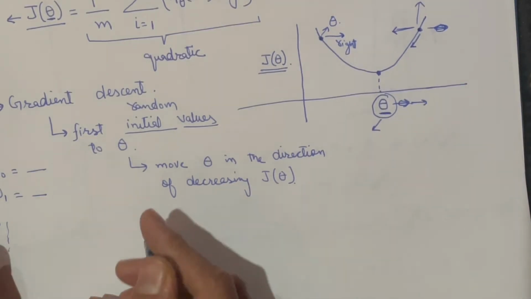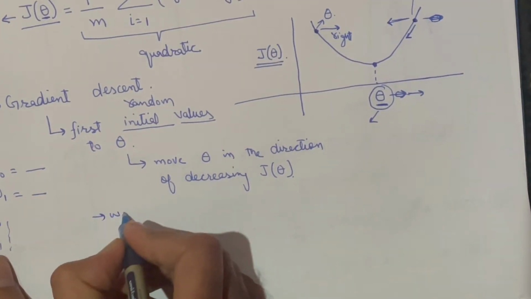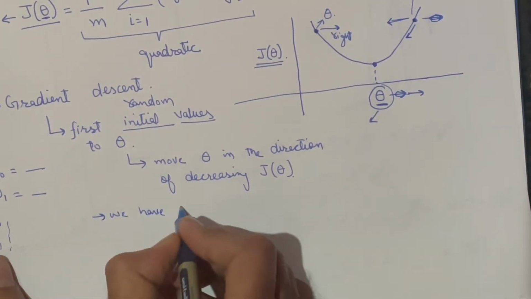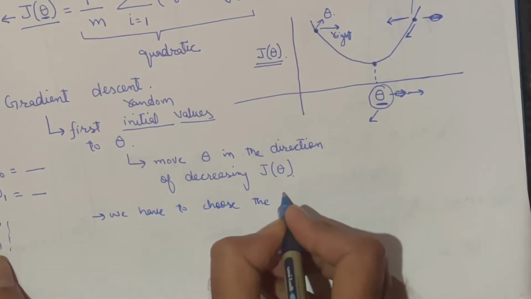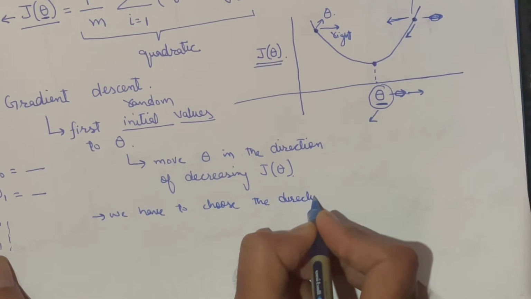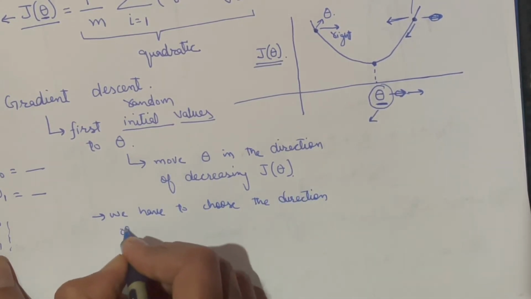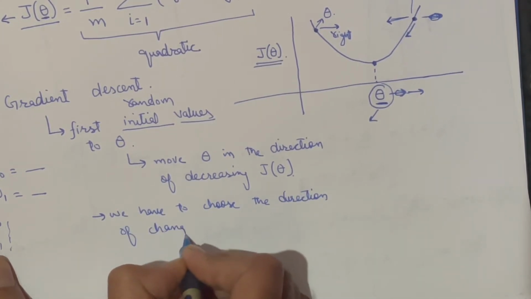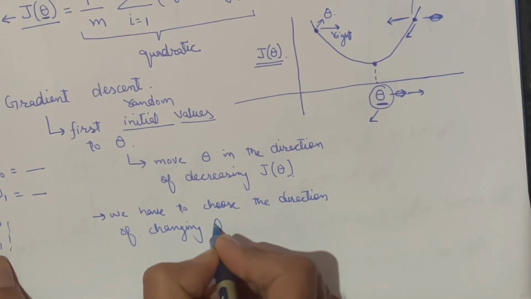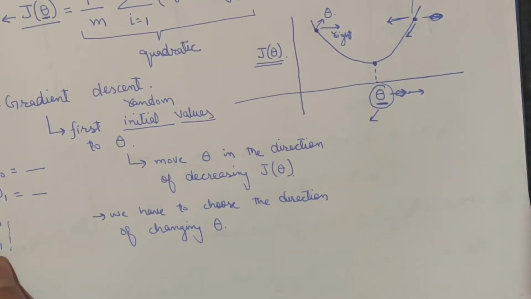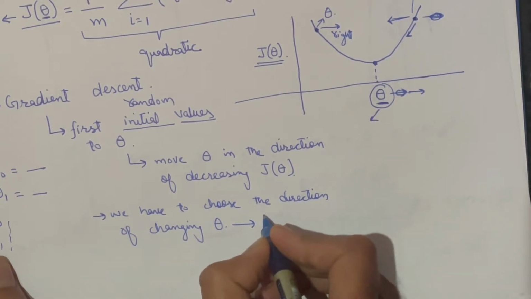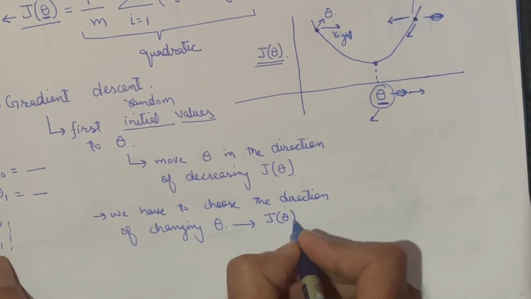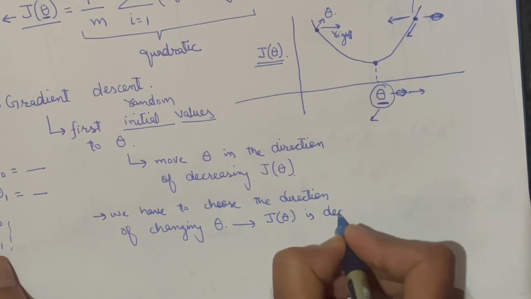So that means we have to choose the direction of changing theta. And how will we choose the direction? We will choose the direction in which J theta is decreasing.